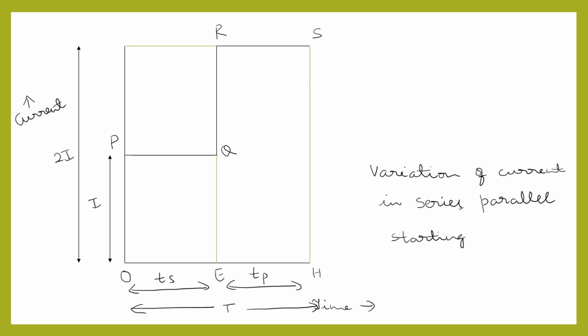During the series period OE, the current is I, while during the parallel period EH, the current is 2I. The time during which the motors remain in series position is Ts, and the time for which the motors remain in parallel position is Tp.